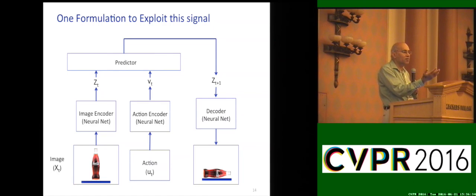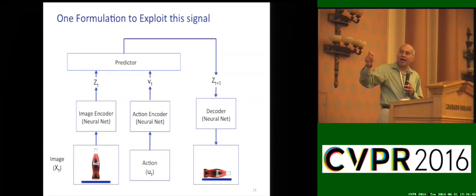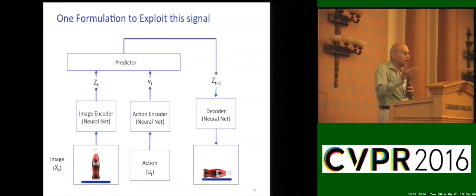Then the output will be, well, the world will act. Something will happen, the bottle may fall down. And that's another image that I will see. So essentially I have two inputs, the image and an action, and then the output is another image which I will see. And we really want to understand this triplet, this relationship between these three variables.